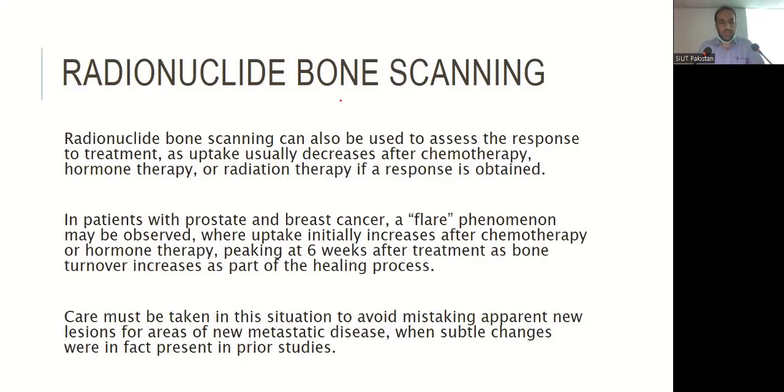In patients with prostate and breast cancer, a flare phenomenon may be observed, where uptake initially increases after chemotherapy or hormonal therapy, peaking at 6 weeks after treatment as bone turnover increases as part of the healing process. Care must be taken in this situation to avoid mistaking an apparent new lesion for an area of new metastatic disease when subtle changes were in fact present in prior studies.